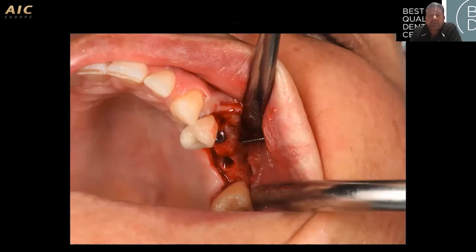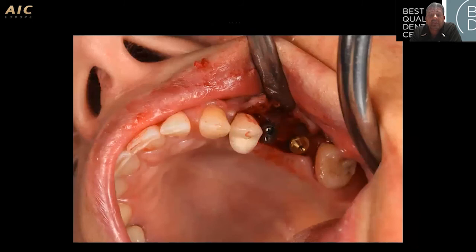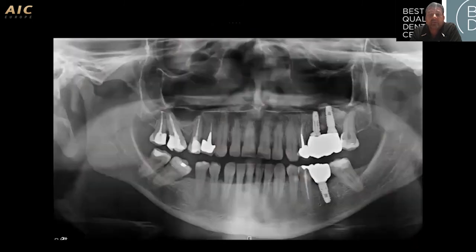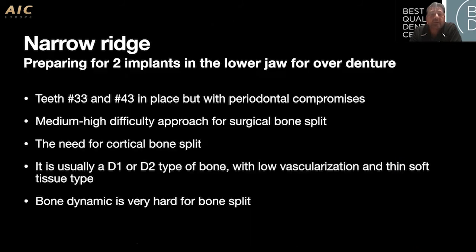So it was a good procedure. We put the second implant, and after that it was rehabilitated with 2 crowns on top of implants. The comparison between the first image and the second, so between the beginning and the end.